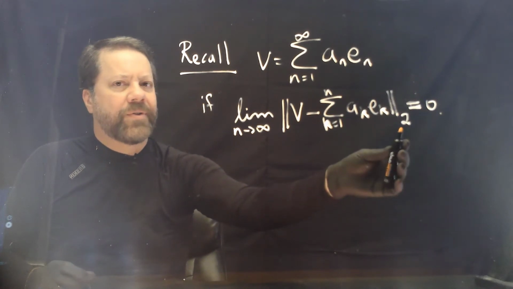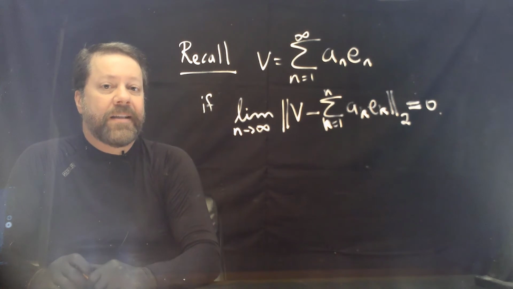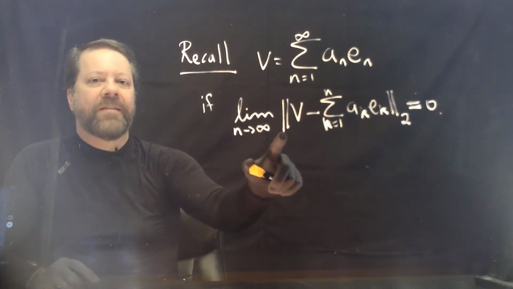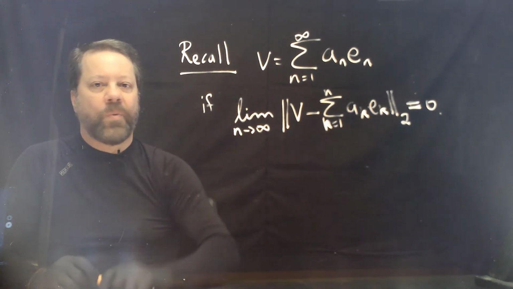And we're going to assume that in this particular instance, the norm that we're dealing with is the L2 norm. So to calculate this L2 norm, you take the square root of the integral of this squared.